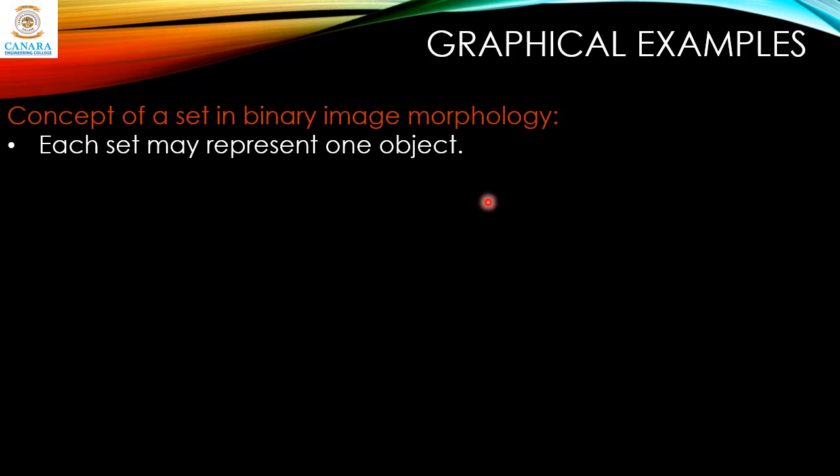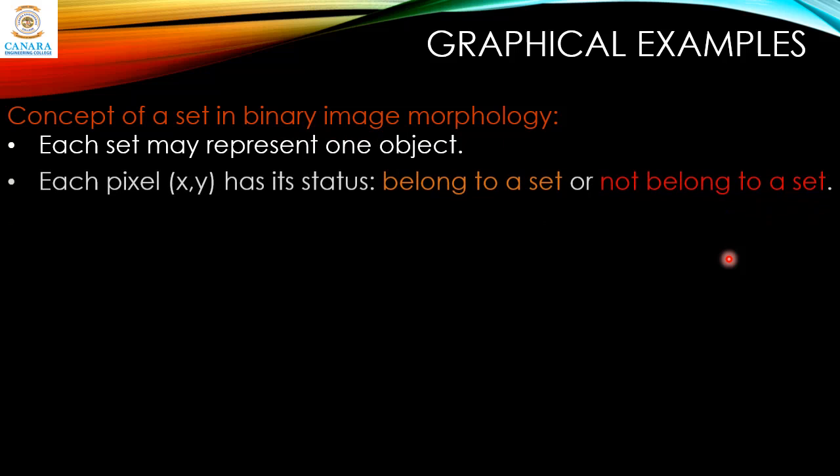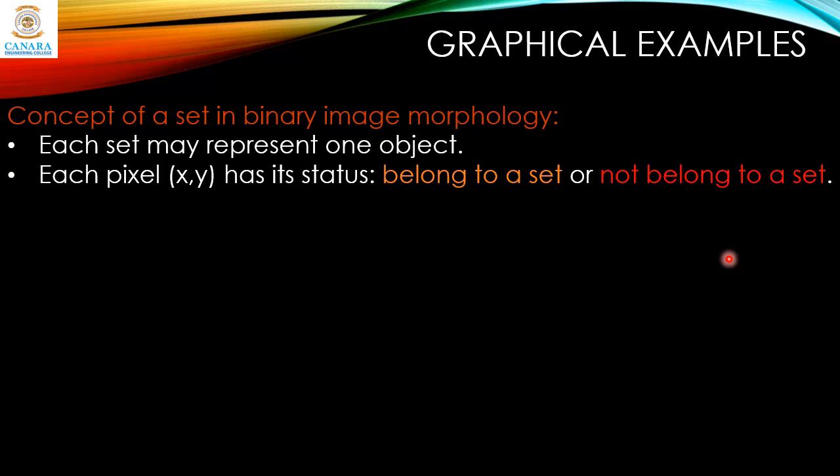Each set may represent one object, and each pixel (x, y) has its status, belonging to a set or not belonging to a set. So the only possibilities are that it belongs to a set or does not belong to a set. No other options because it's binary.